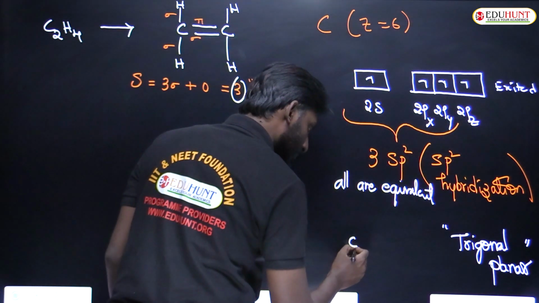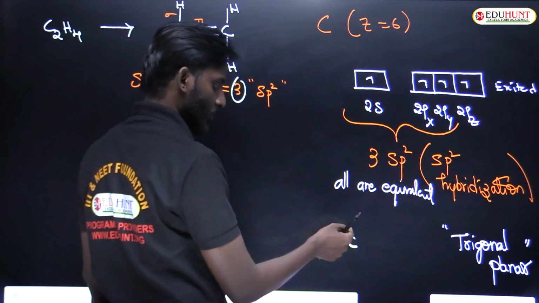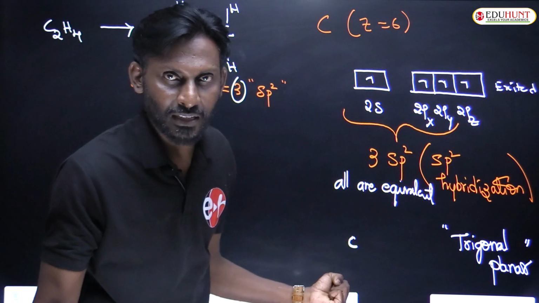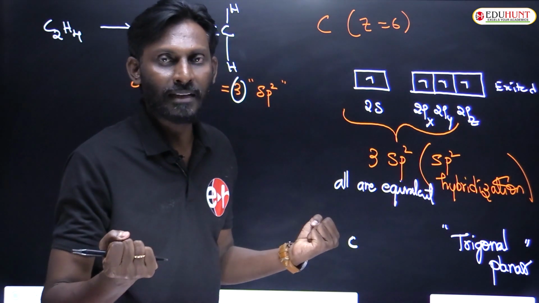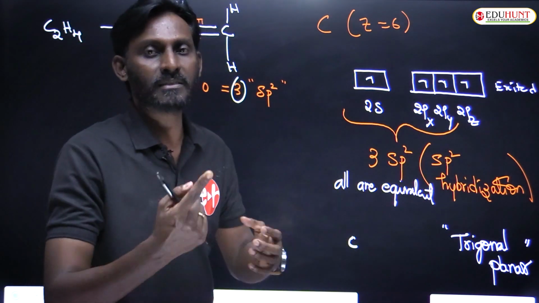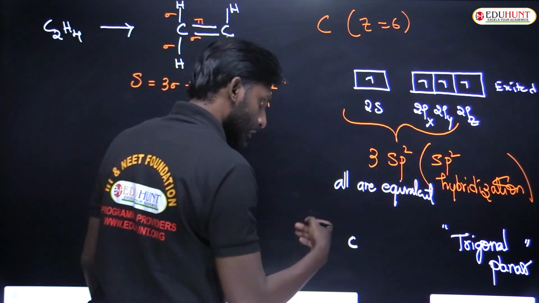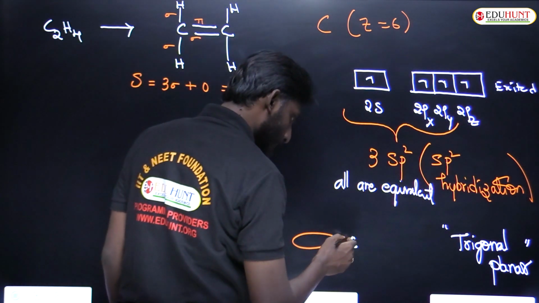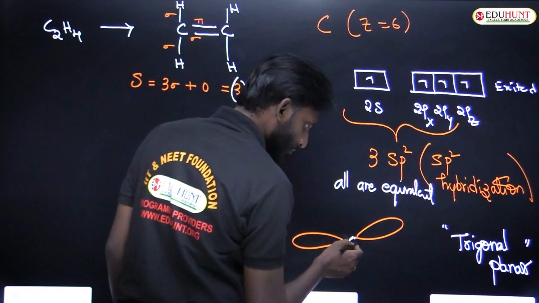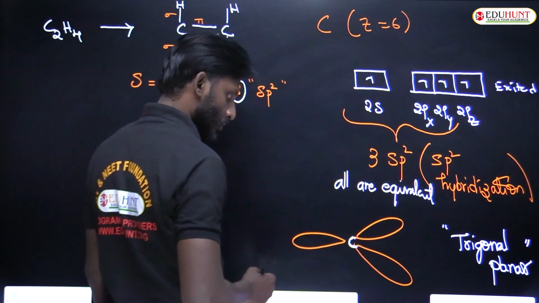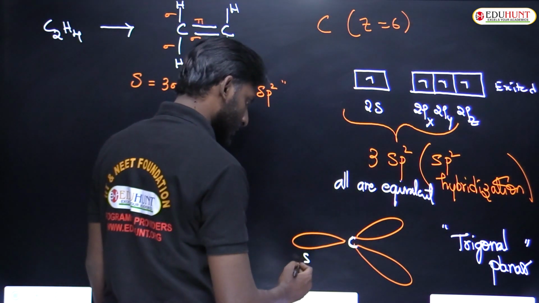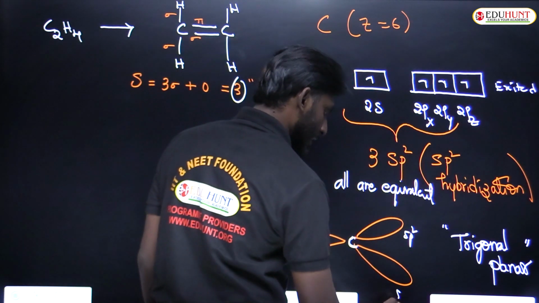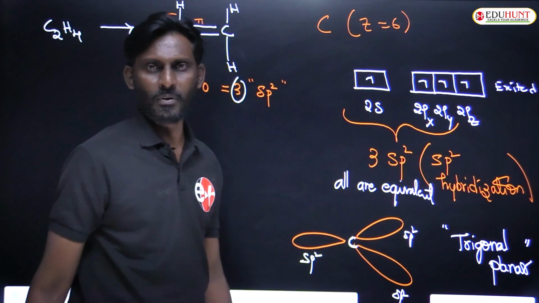Now let us say this is the carbon we are talking about, and this carbon has got 3 hybrid orbitals, and the 3 hybrid orbitals have to be arranged in space in such a way as to have minimum repulsion. In such a way, trigonal planar. One sp2, another sp2, another sp2. Are you getting my point?